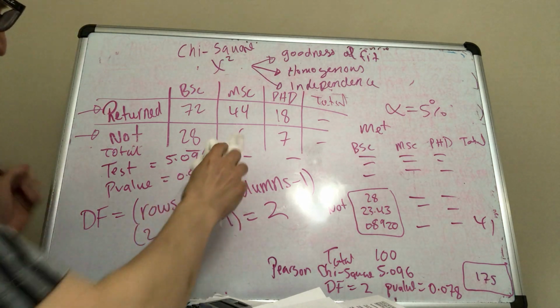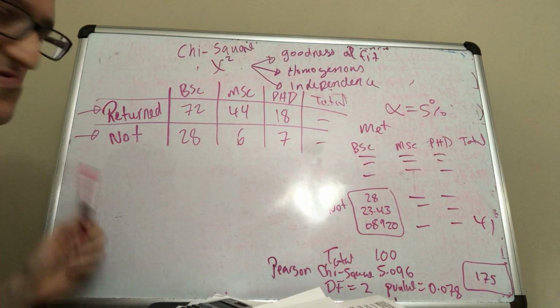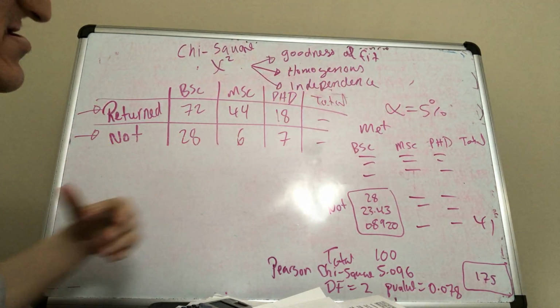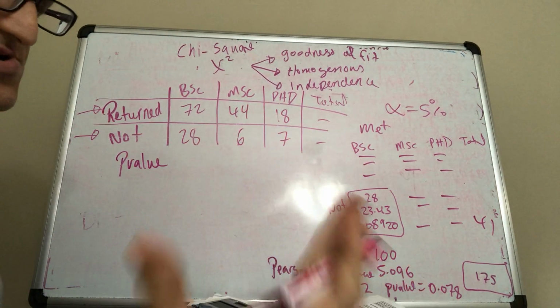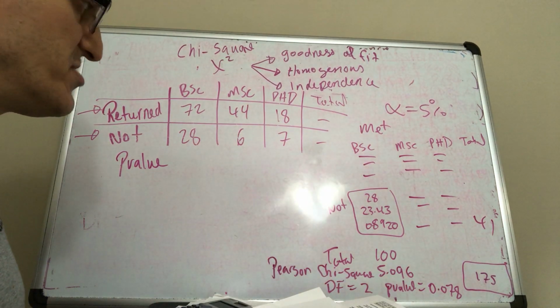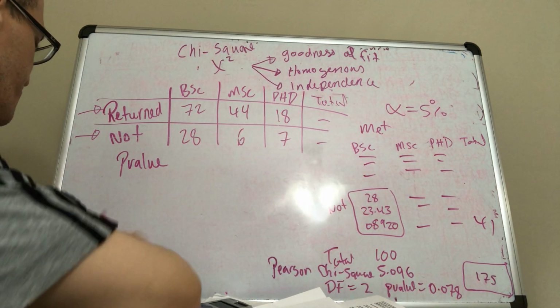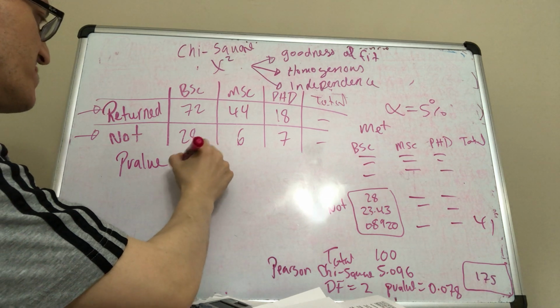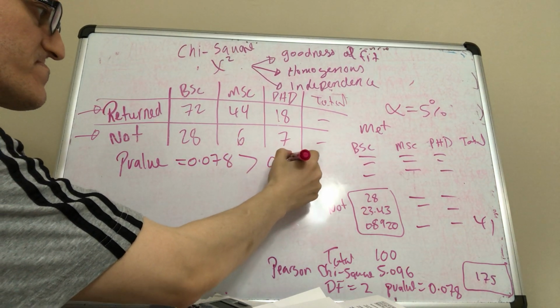Now, the next thing is they want you to assess significance, because alpha is given. You know the significance, I wrote it down for you in the previous assignments. P-value is 0.78, that's more than alpha of 5%.